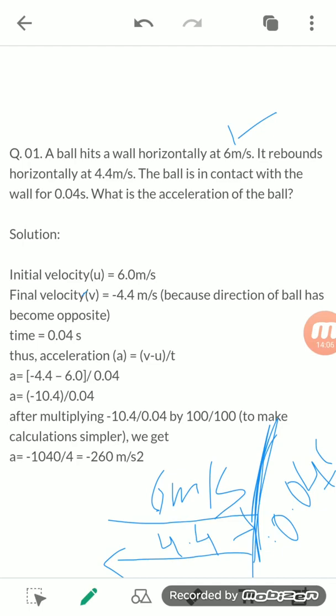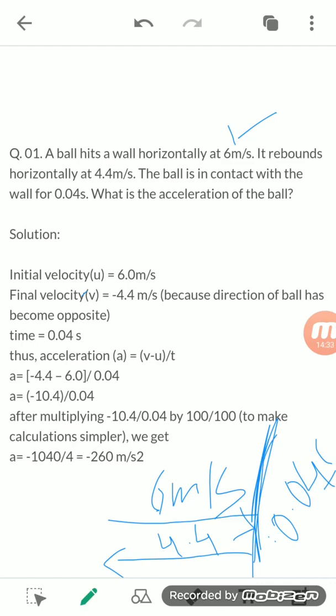When you throw the ball, the velocity was increasing in the same direction, due to which it gives the positive acceleration, or we mention it as positive, but after that it changes direction just opposite to the previous direction, due to which we write here minus.